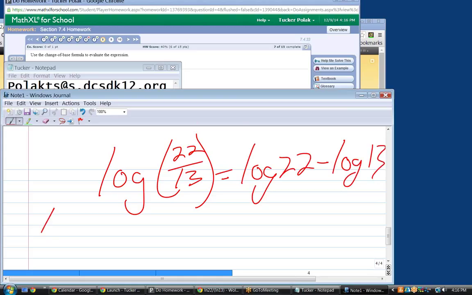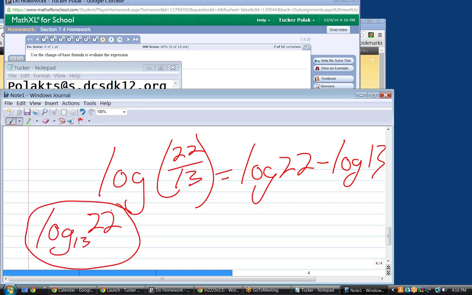Whereas our problem is the log base 13 of 22. In other words, we merely have a log that's not a common base. It's base 13. So since you don't have base 13 on your calculator, it only has 2 log keys, right?